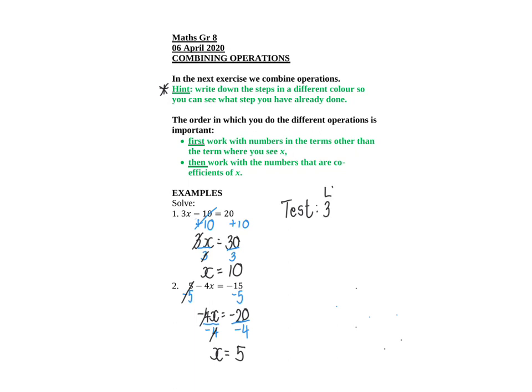For the left-hand side, we check whether it's equal to 20. So 3 times the x value 10 minus 10 should give you 20. 3 times 10 is 30. 30 minus 10 is 20. Alright, so since the right-hand side was 20 originally, the left-hand side is equal to the right-hand side, and x is indeed our real answer.